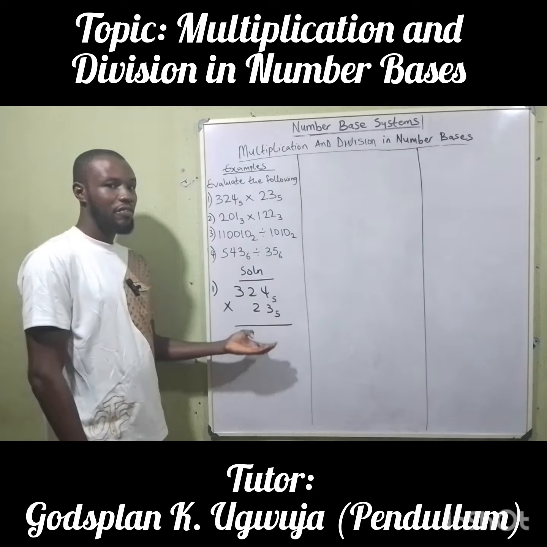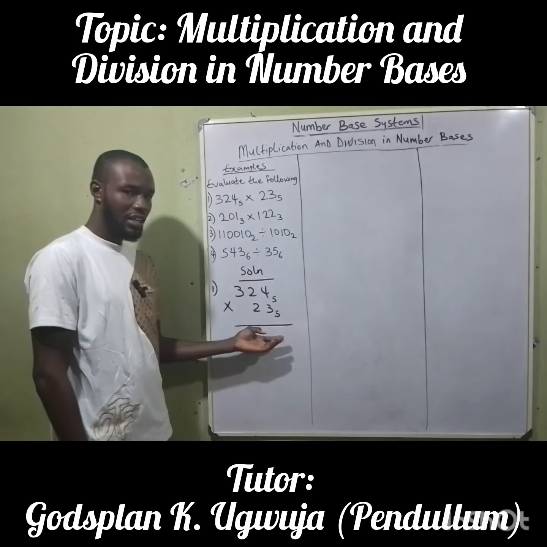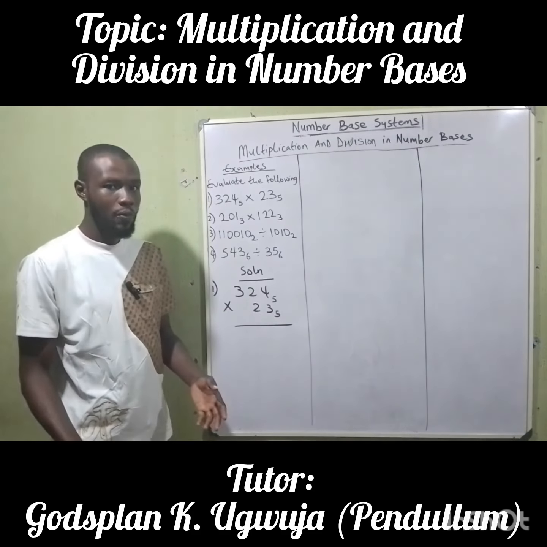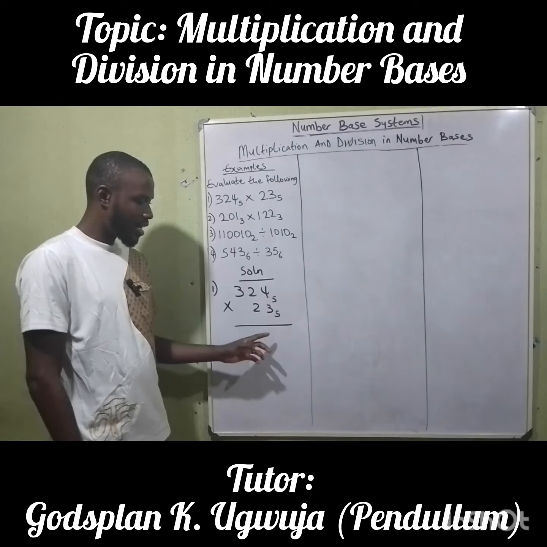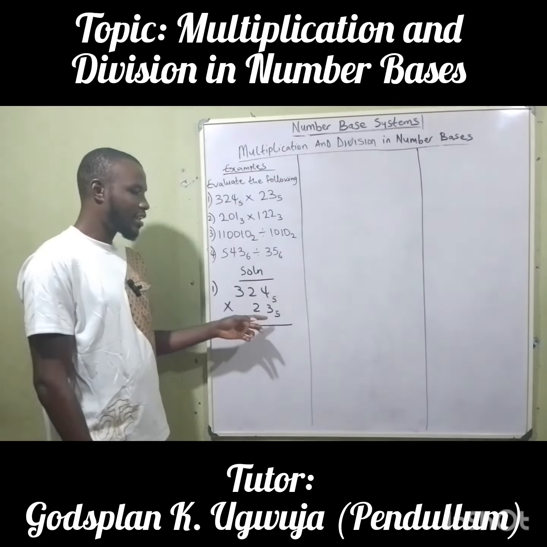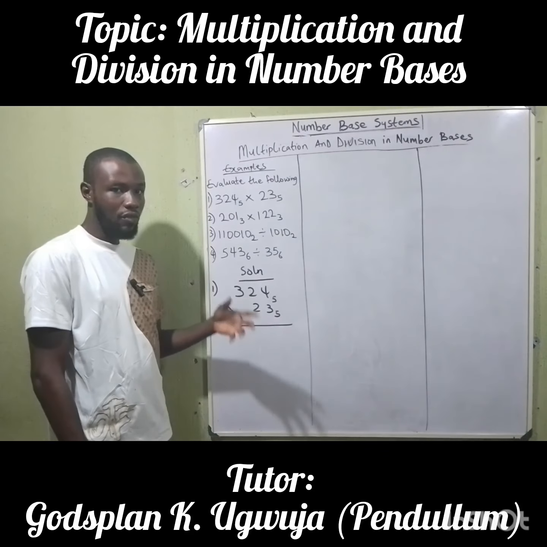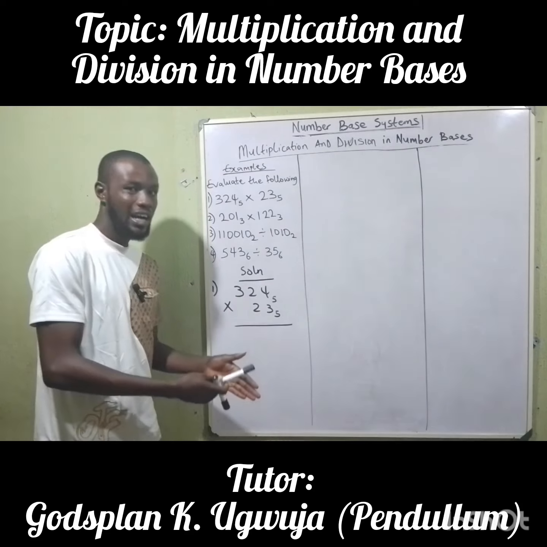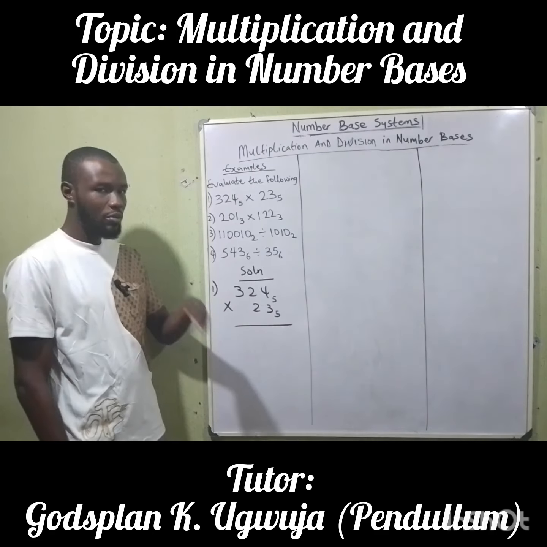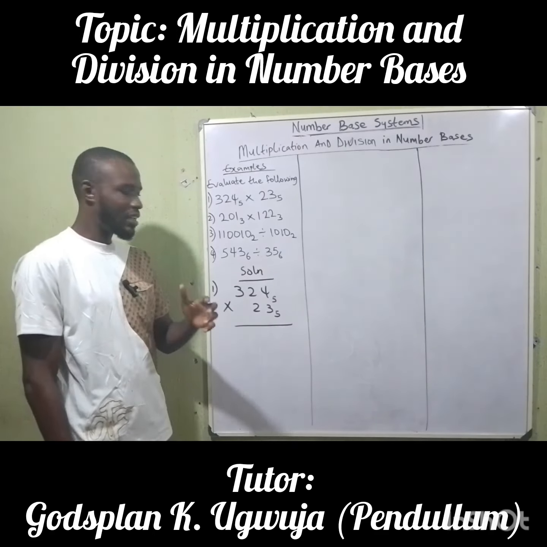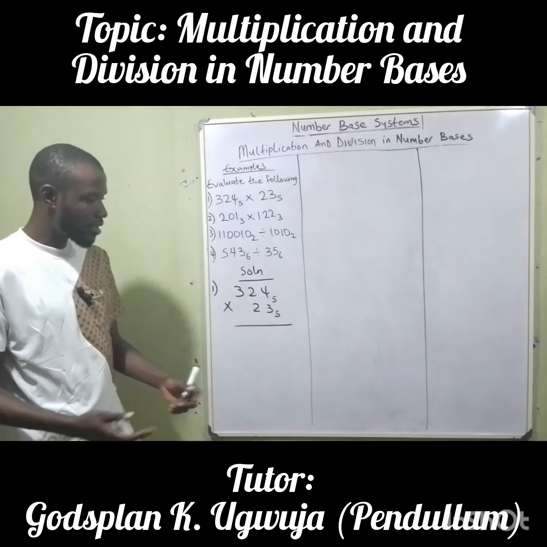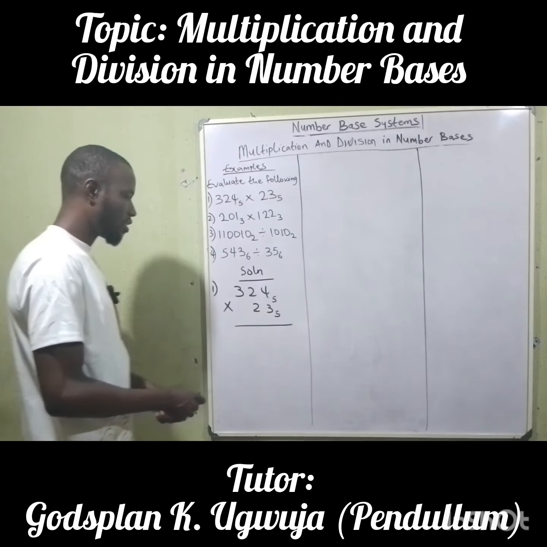That means if you're working in base 5, the highest digit we can have is one number less than 5, which is 4. So if I multiply here and I get any number from 5 and above, I won't write it down here, rather I will convert that number to a base 5 number. Take note of that.